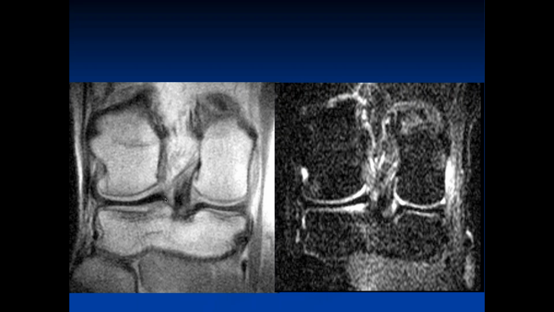We're catching it at an angle there, so I'd have to follow it back to make sure it's in continuity, but I don't see a tear. And then the posterior root of the medial meniscus, I can see it touching down there to the tibia. I don't think that there's a tear there either. Good.